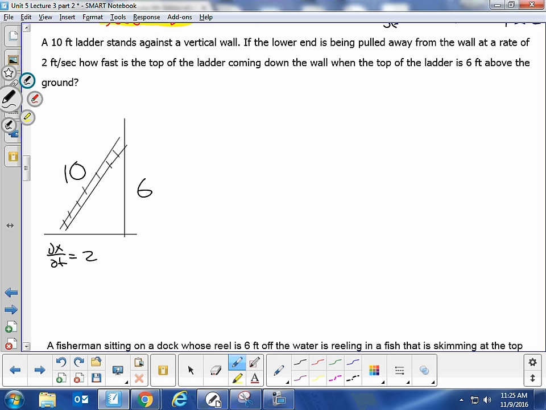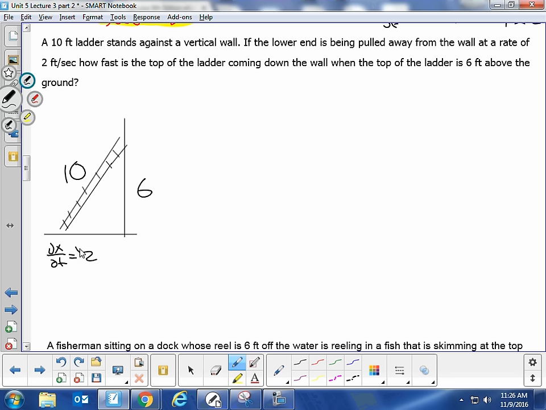Let's see if we can get it. You don't know that. No. You just know that the dx/dt one is going to be 2. Probably should be negative 2, since it's being pulled away.